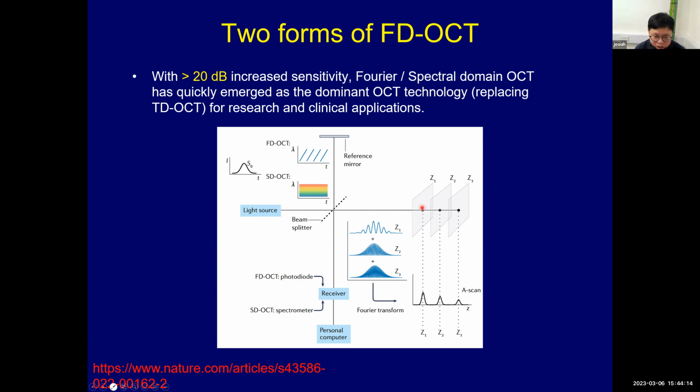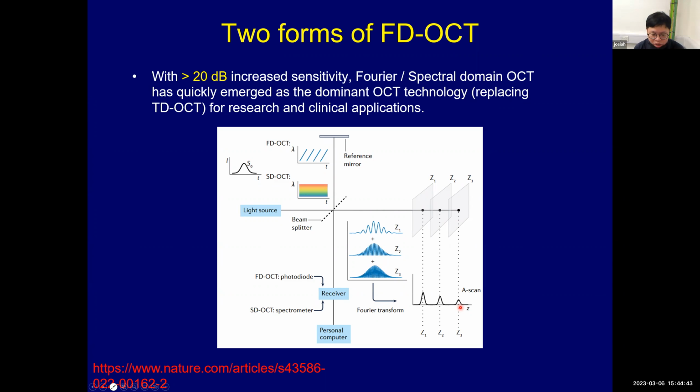When the depth is shallower, the fringe will have lower frequency. But when you have larger depth, where the light travels a longer distance, the fringe will have higher frequency. So when you do the Fourier transform, you can separate these components as coming from three different depths. This is how you get the depth information from the Fourier domain OCT.